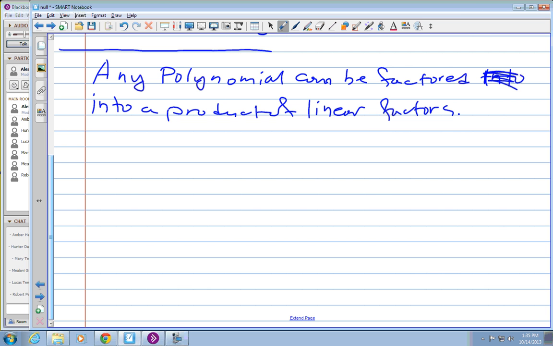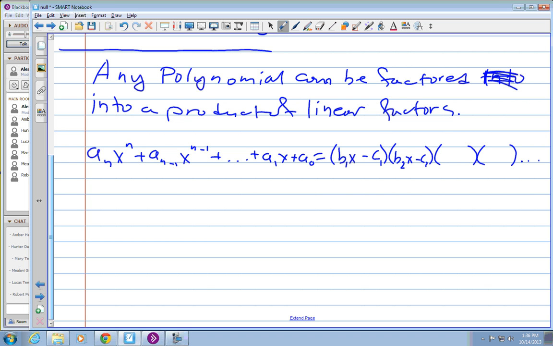So this means if this is my polynomial, I can factor this like that. So some linear factors, so b x minus c with some subscripts. I don't know if you want to be writing this down. I want to talk about something new and so forth. Okay?